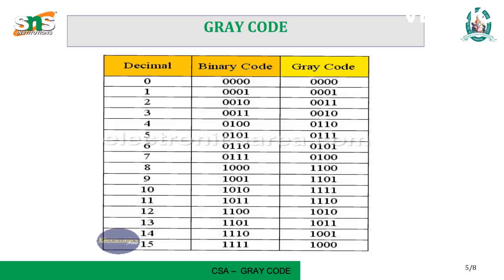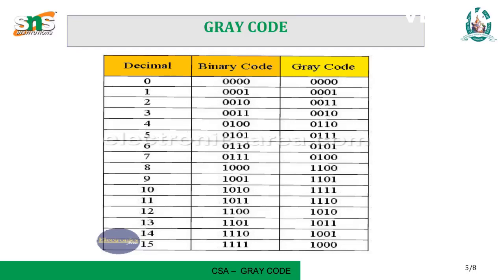For example, for 0001, the first digit 0 we write as it is, and then we add 0 plus 0 to get 0, 0 plus 0 to get 0, and the fourth digit is 0 plus 1, so that will be 1. So this is the gray code. For example, here the binary code is 0010.